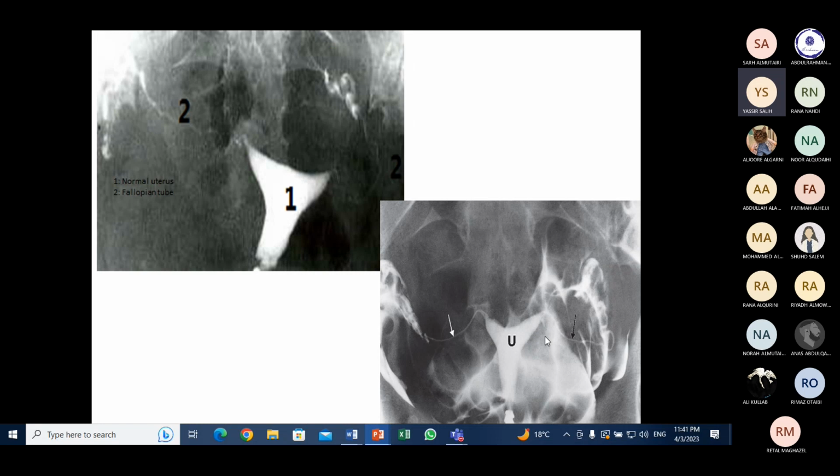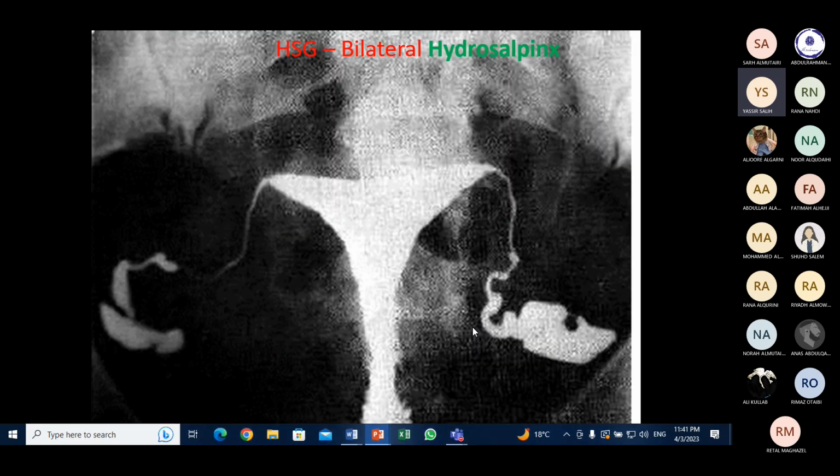Notice the diameter of the tube here, like this, but in this one the fallopian tube is dilated because there is a blockage here. The contrast cannot flow, so the tube inevitably dilates. This is called hydrosalpinx, a dilated fallopian tube.